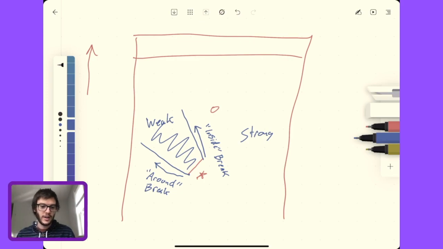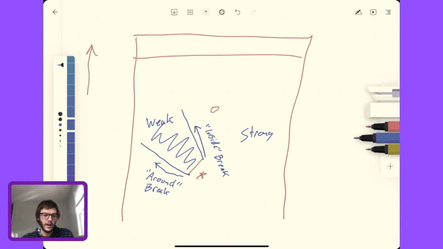You can imagine throwing around the mark, but either one's kind of around the mark. Maybe you have to step around the mark to get to this throw. Maybe the inside break is a reference to the fact that most of those throws are being thrown at an inside out angle. I don't need to get into that terminology today, but that's another term for the type of throw. So it's worth remembering around break and inside break.